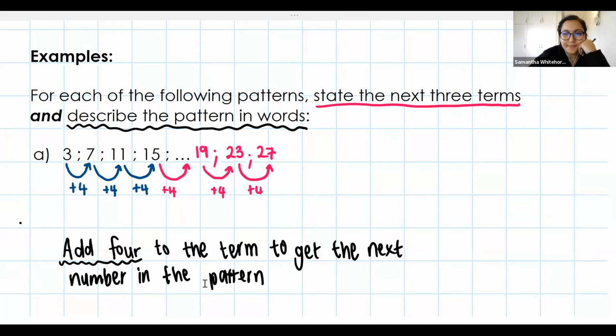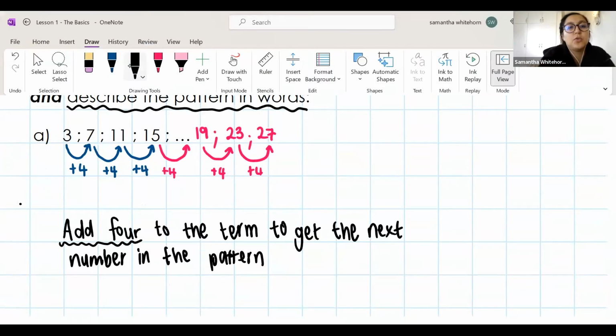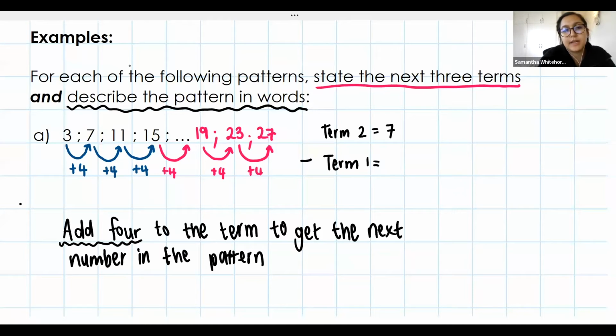Tatenda? Hello, ma'am. I wanted to ask, is there also another way how to find the constant? When you say the constant, the number that you're adding? Yes, ma'am. Yeah, there is. So if we aren't 100% sure, basically what we do is we take one term in front. So we would take term 2, which in this case is 7, and we would subtract term 1, which in this case is 3.